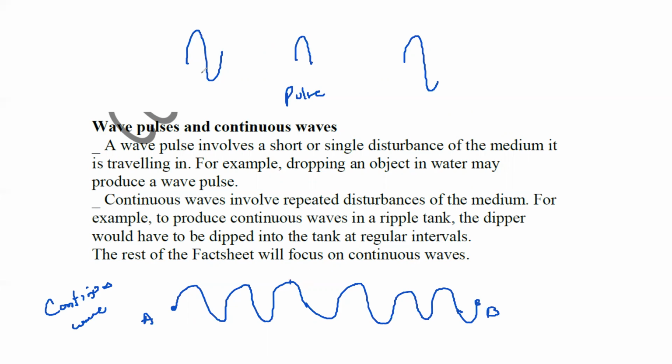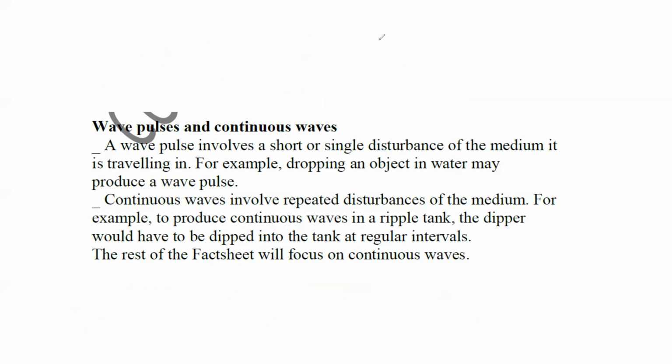So a wave can be a pulse, or it can be continuous. Pulse means a small part of the wave or a full wave. But when we send so many waves together and we are not able to recognize the starting or the ending position, we call that a continuous wave, also known as the wave train.